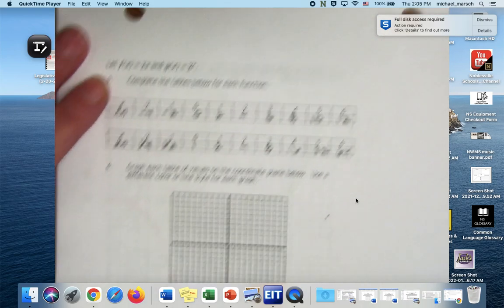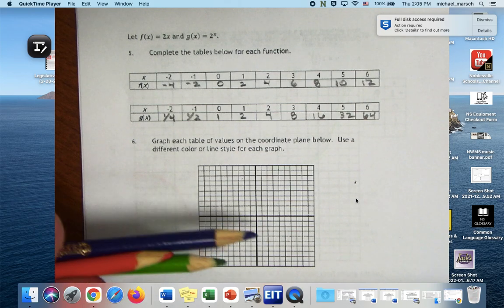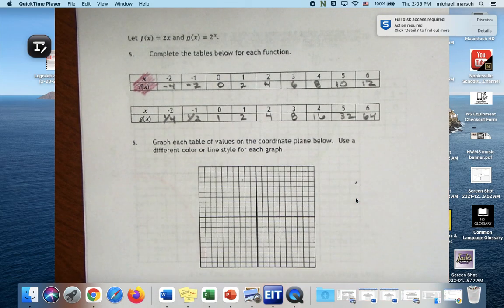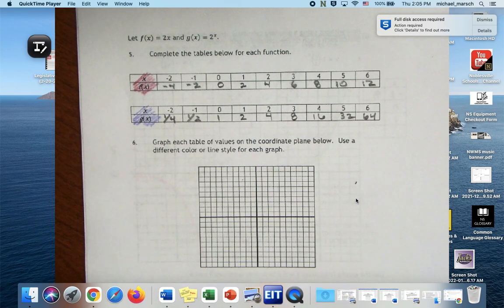Okay, so this is where you're going to want to choose 2 different colors to graph these. Now I know the 1/4 and the 1/2 are going to be almost impossible to decipher because this graph is actually so small. But I'm going to make my f of x graph in red and my g of x graph purple because I couldn't find a blue.